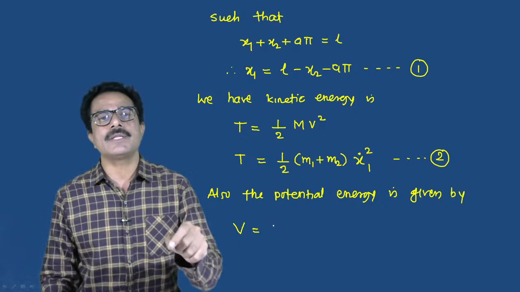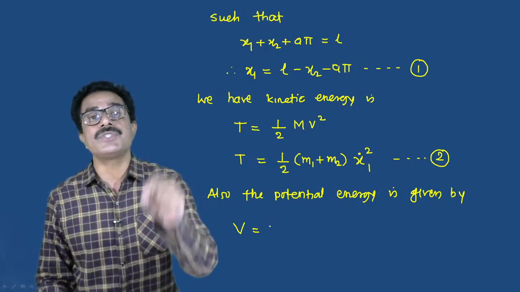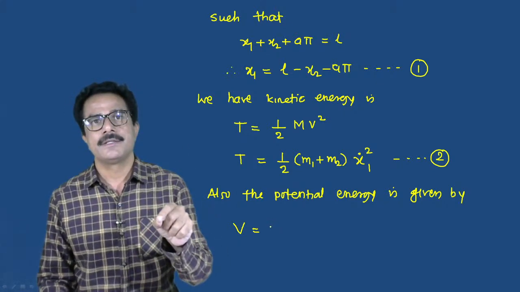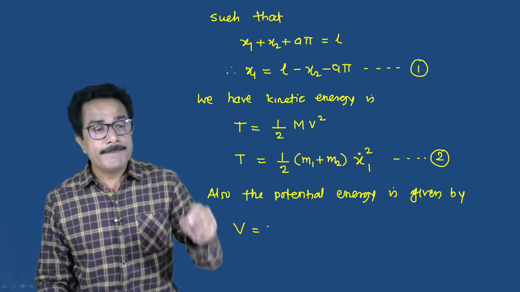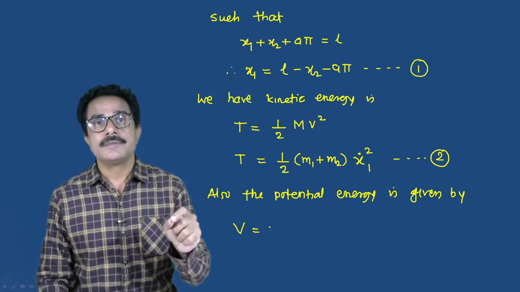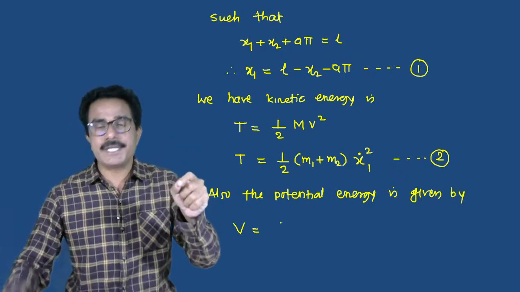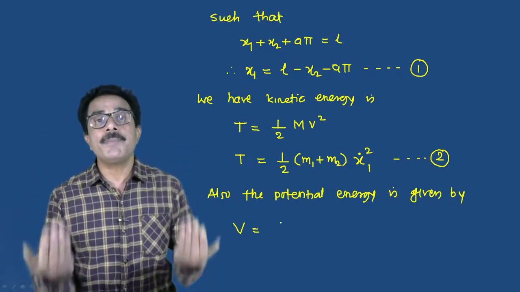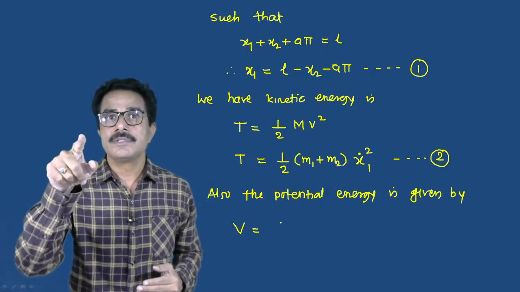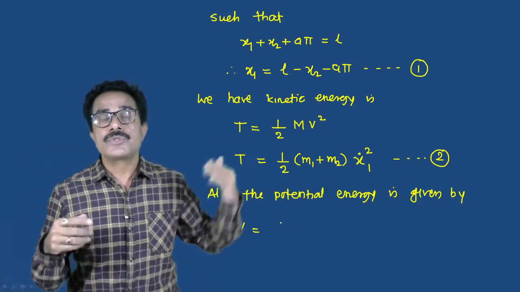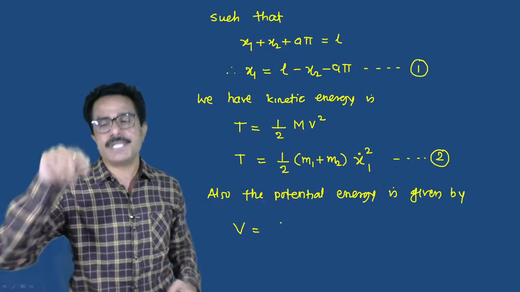The formula for the potential energy is mgh. But here the pulley is working in the opposite direction of the gravitational force, so we have to take g as negative.